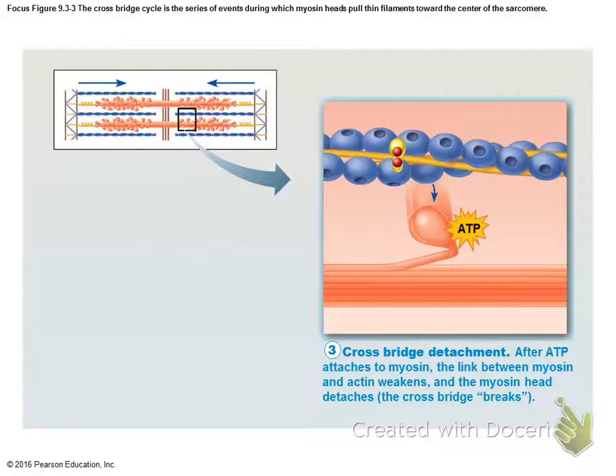Detachment cannot happen without new, fresh ATP. So getting rid of ADP opens up that ATP binding site on the myosin head so that a new one can come in. And when the new ATP binds, that forces the myosin head to release actin.